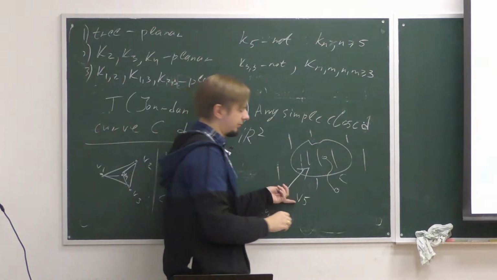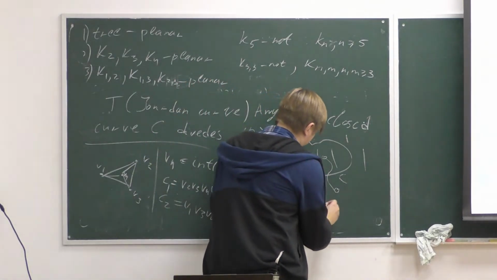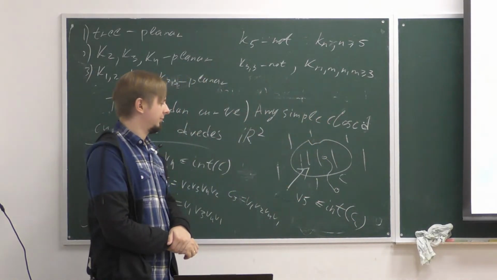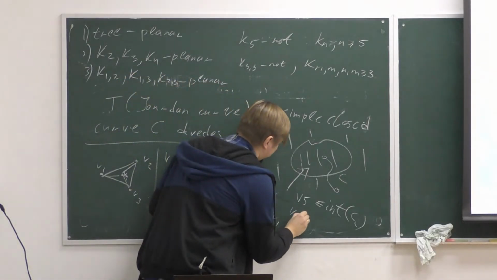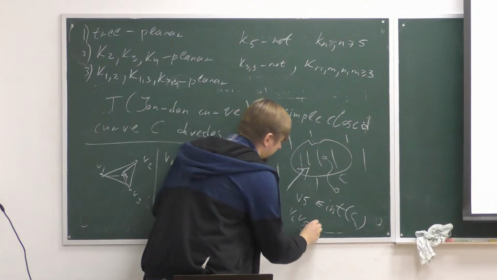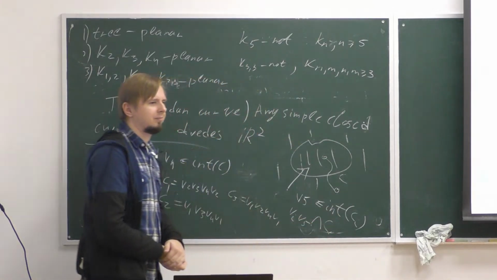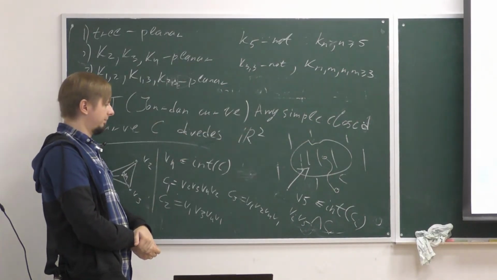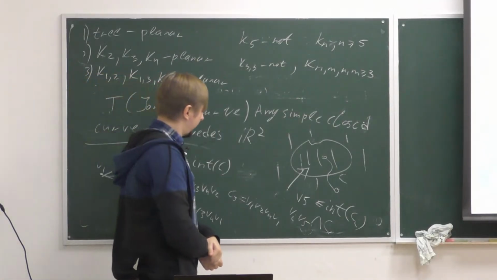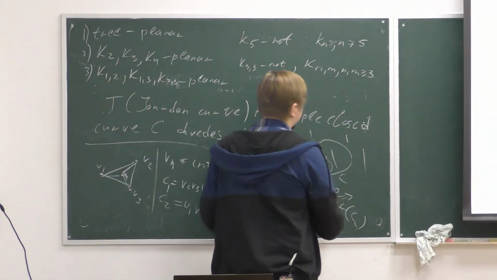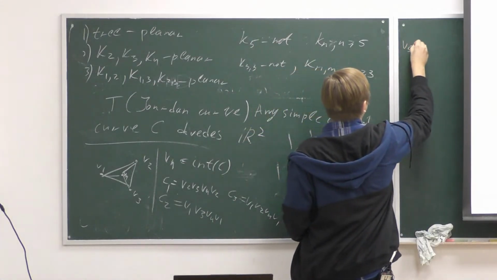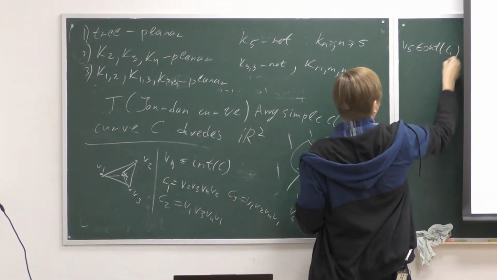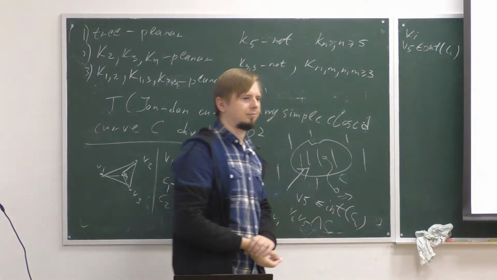If V5 belongs to the inner part of cycle Ci, then by the Jordan curve theorem V5 should intersect cycle Ci. Thus, V5 belongs to the outer part of any Ci.